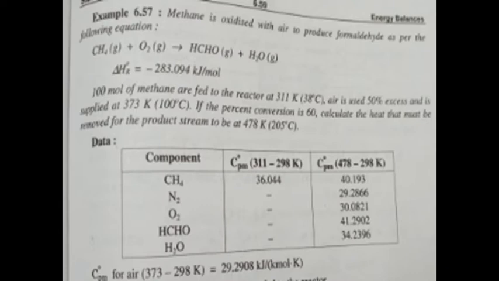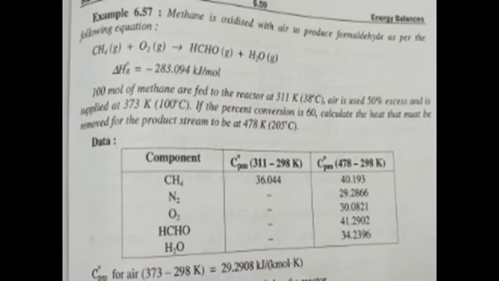Methane unreacted, oxygen unreacted, formaldehyde produced, water produced, nitrogen entering equal to leaving. So 5 product components are present on the product side, at 478 Kelvin, with reference temperature 298 Kelvin.